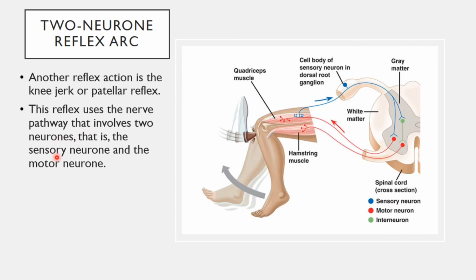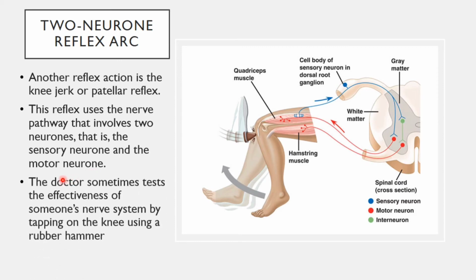That is the sensory neuron and motor neuron. It does not involve a relay neuron. Sometimes, doctors test the effectiveness of someone's nervous system by tapping on the knee using a rubber hammer.